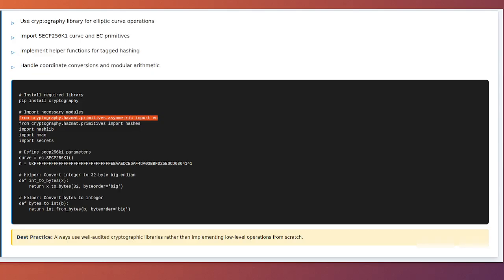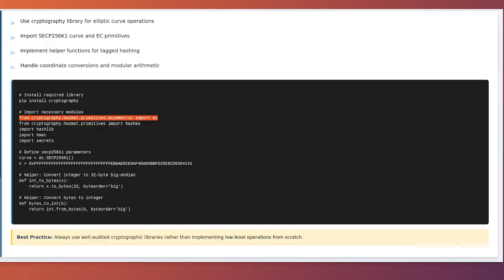We'll implement the tagged hash function as specified in BIP 340, which will be used for challenge generation. We'll have a signing function that takes a private key and message and returns a signature. Finally, we'll have a verification function that takes a public key, message, and signature and returns true or false, indicating whether the signature is valid.